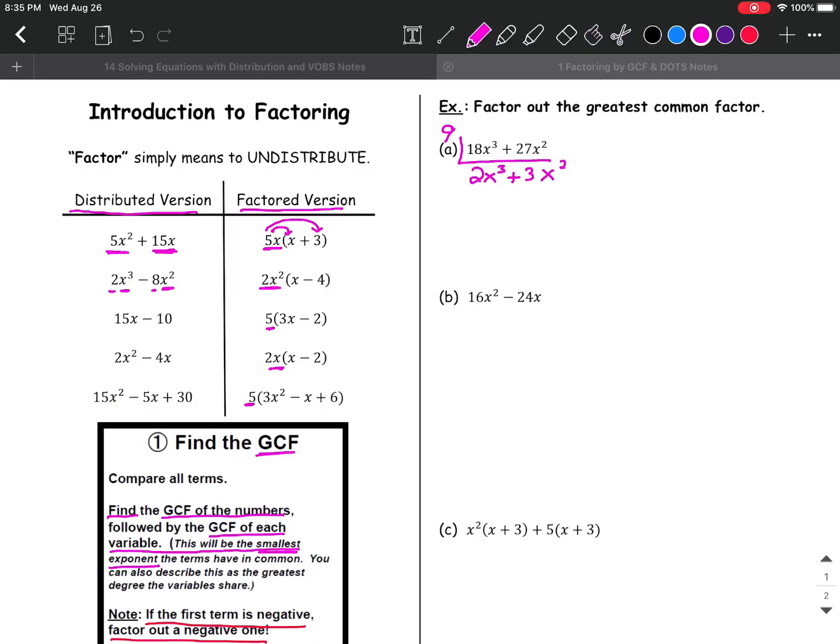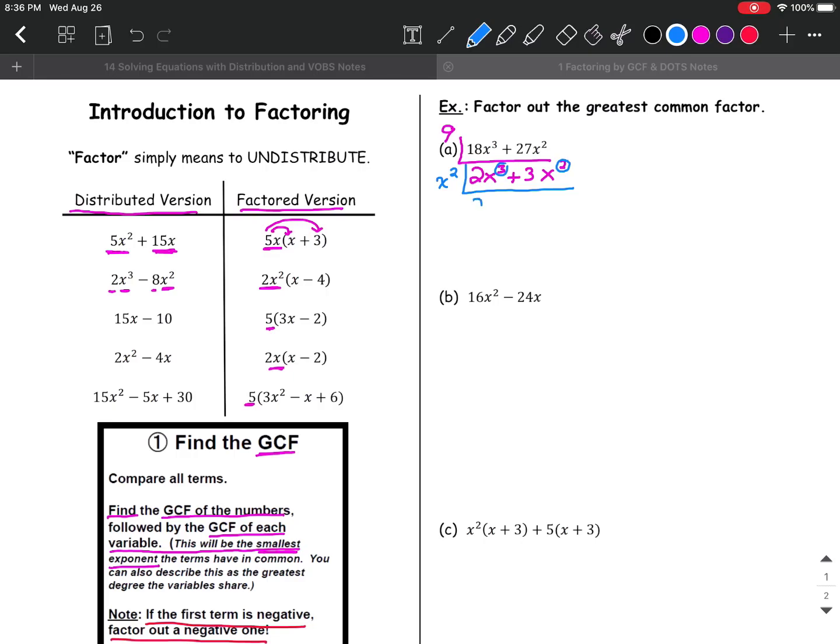Okay, now we're going to take a look at the greatest common factor for the variables. So the variable is x, and we have an x cubed and an x squared. Which is the smallest exponent? The squared. So we're going to divide out an x squared. Now remember, when you divide, what do you do to the exponents?